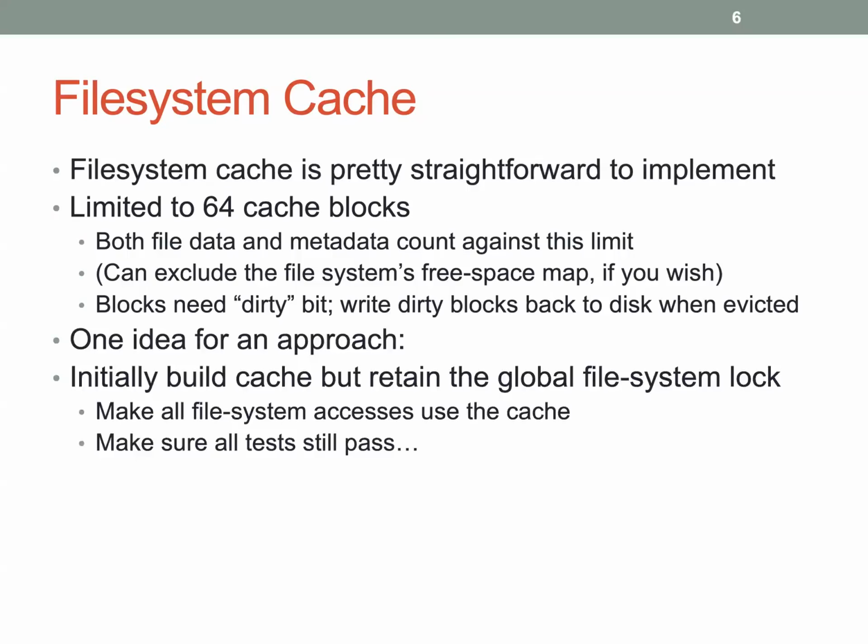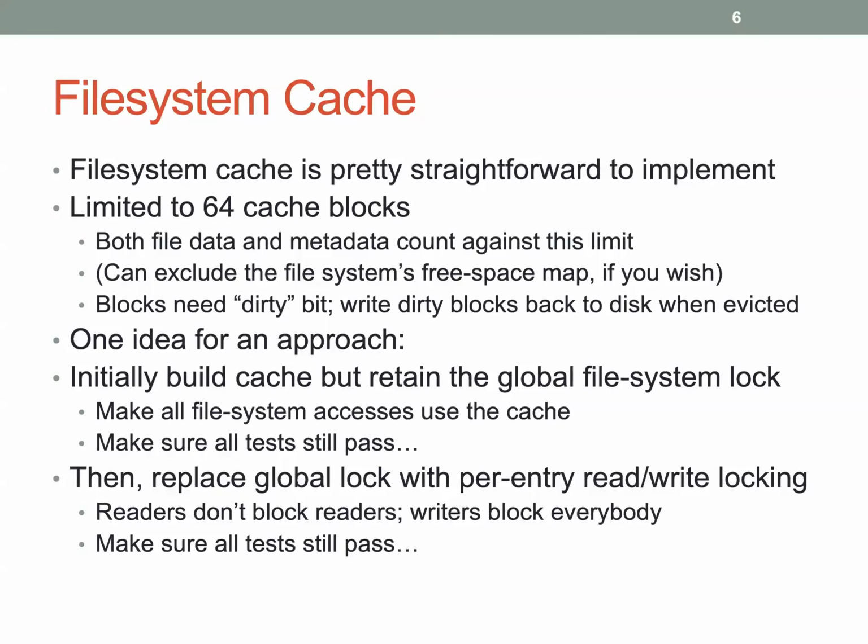So here's an idea for an approach. Build a cache and retain the global file system lock. Get your cache working and have everything interact with the cache. If you do that and then get all your tests passing, you can be pretty sure that your cache will work properly. At least functionally, it will be correct.